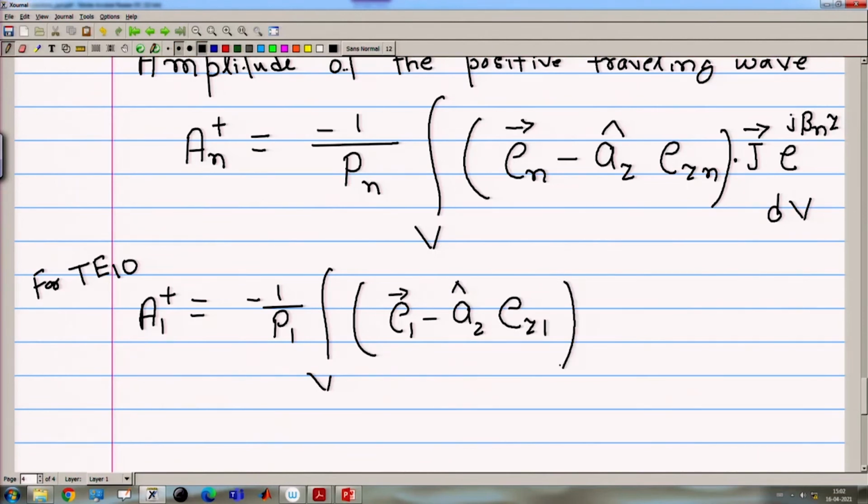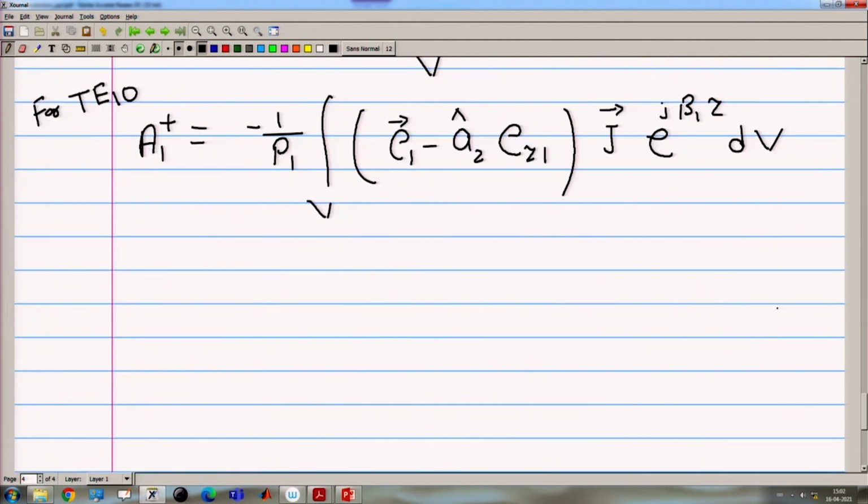So for Ez1, here there is no z component, so that will be 0. J e to the power j beta 1 z into dV. This will come, and now we can substitute all the values.